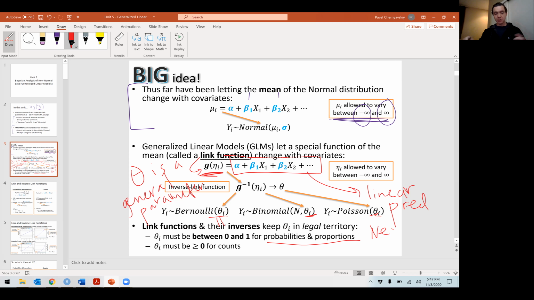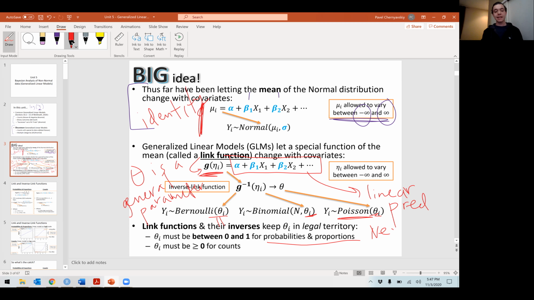We need a function such that our alphas and betas and x's can be anywhere from -infinity to infinity, but have a link function, that special function, that ensures whatever we feed into this distribution is greater than or equal to 0. By the way, the link function for the models we've been dealing with thus far is called the identity.